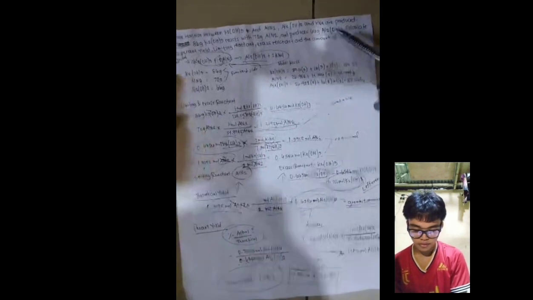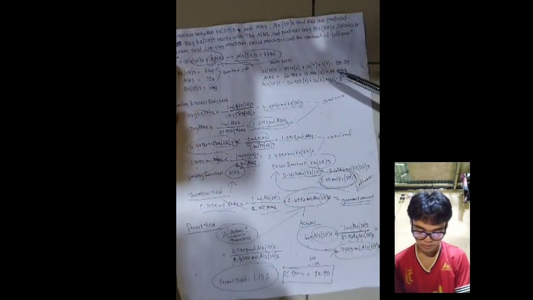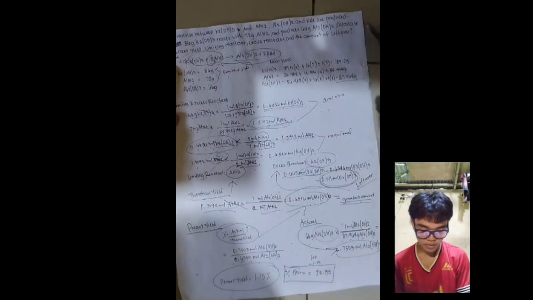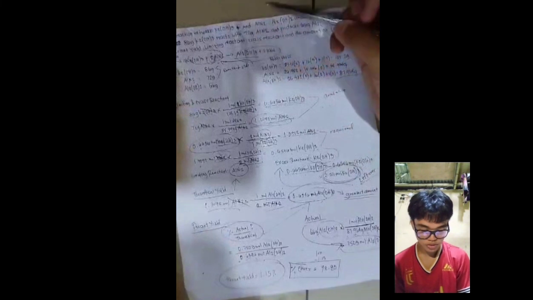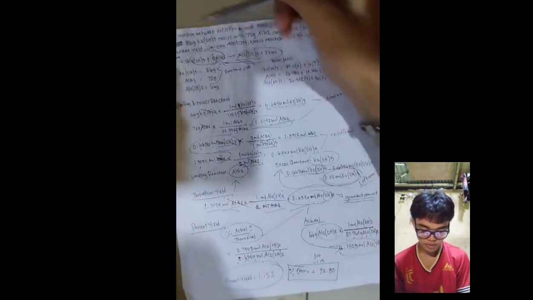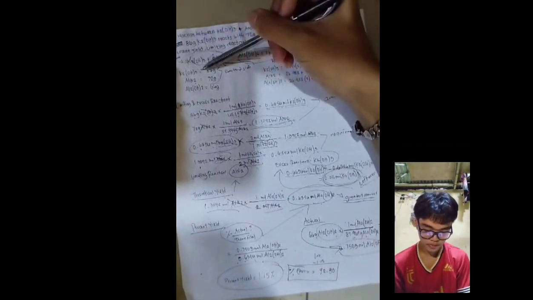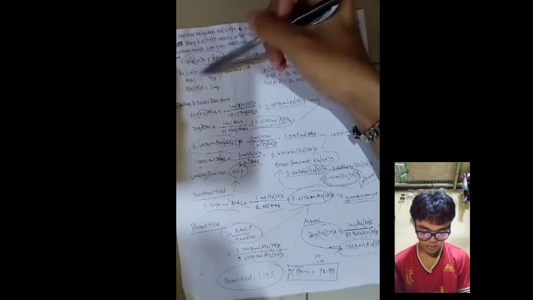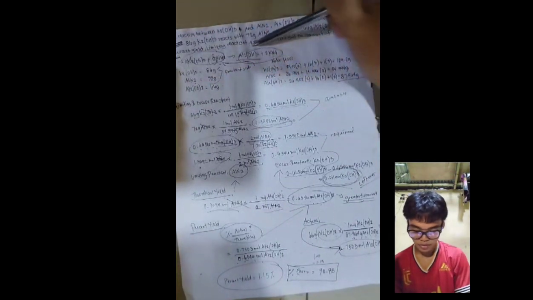Now, to find the limiting reactant, since we're given grams, we need to convert it into moles first. So we need to solve the reactant side. The reactant side is here, which consists of K2OH3 and AlN2, and this we call our product side.